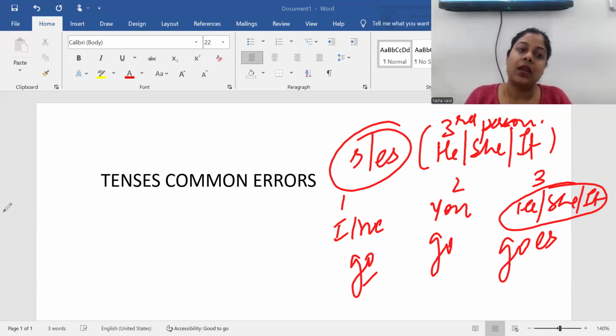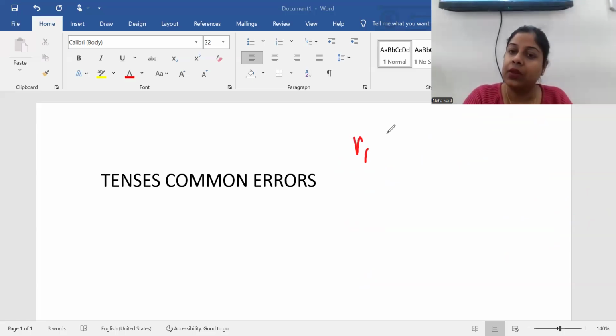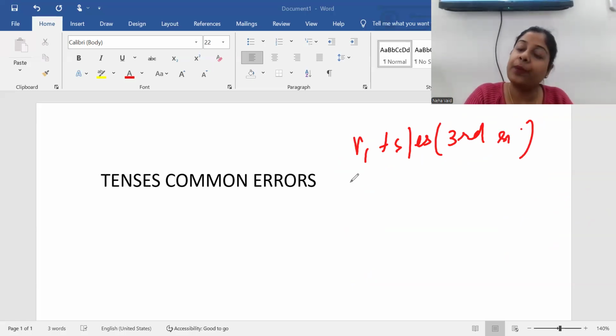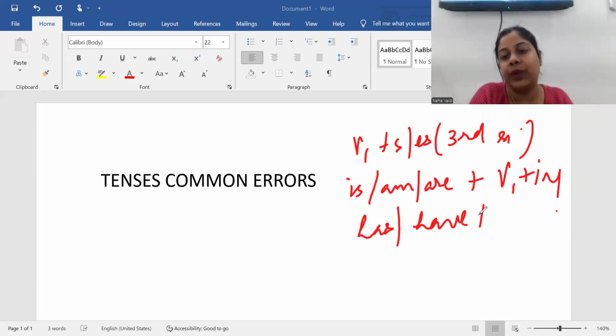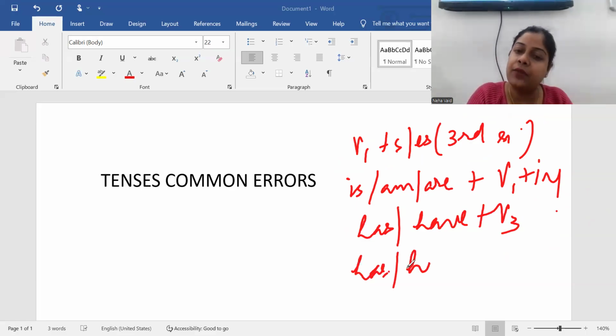Next, the formation in simple present: we use V1 plus S/ES only with the third person singular form. Next we have present continuous: is/am/are plus V1 plus ing. Then we have present perfect: has/have plus V3, and the present perfect continuous: has/have been plus V1 plus ing.